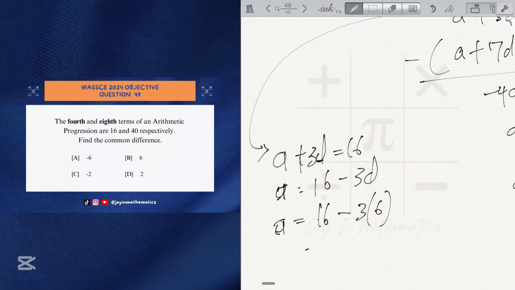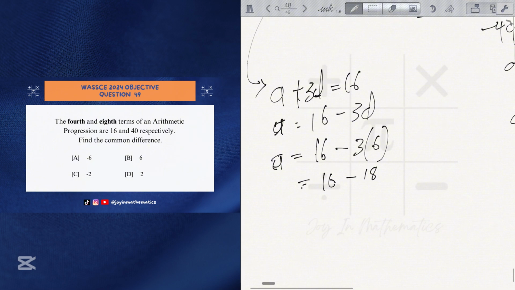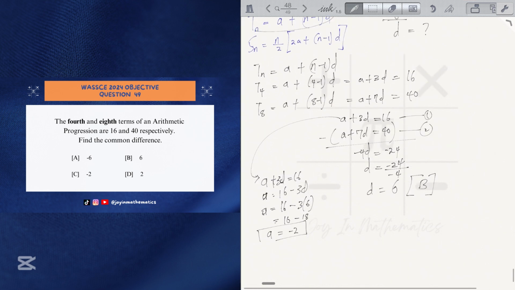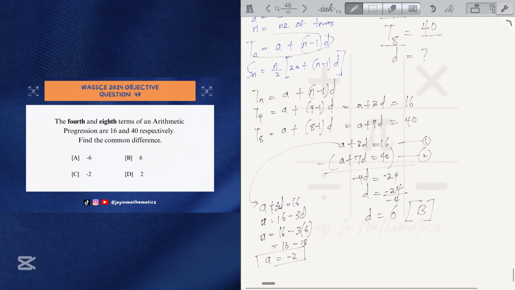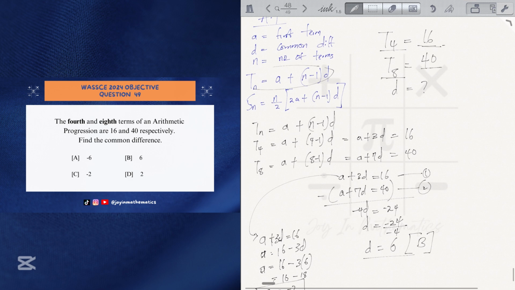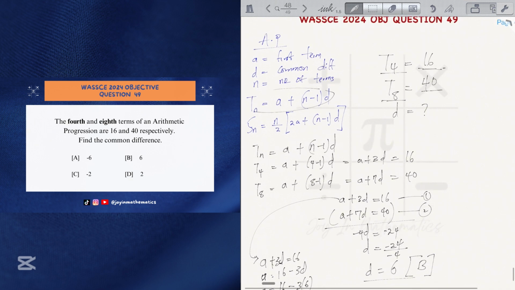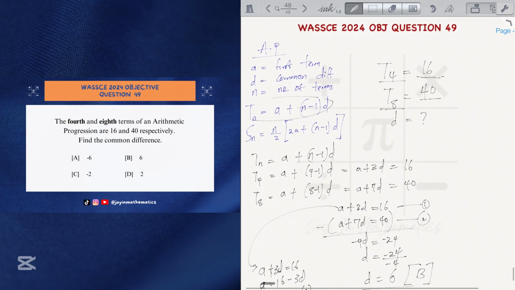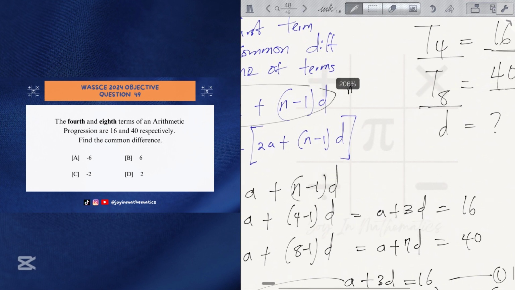So this is 16 minus 18, and this will be equal to minus 2. So we have a to be minus 2. However, the question asks us to just find the common difference, which is d. So what do we focus on in this question? We focus on the nth term formula of an arithmetic progression.